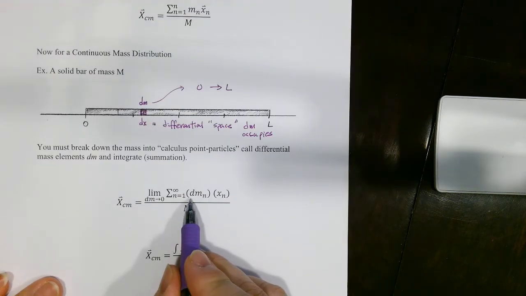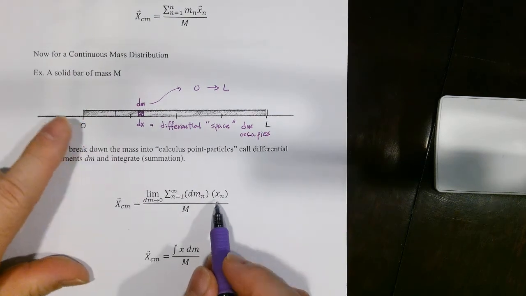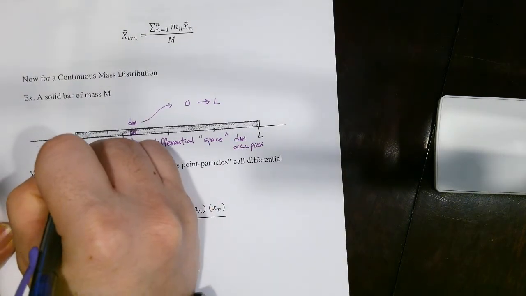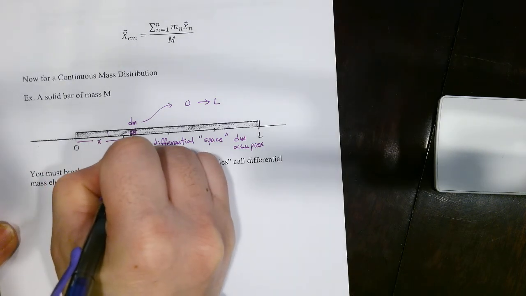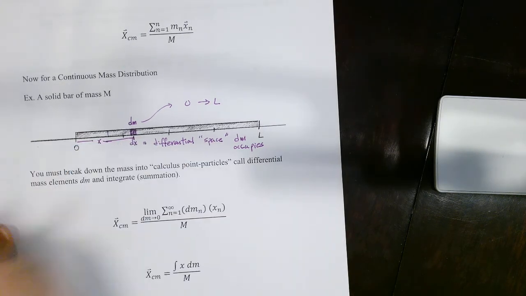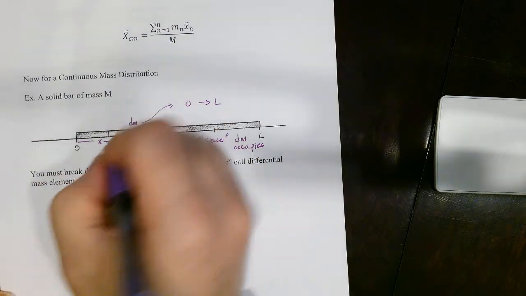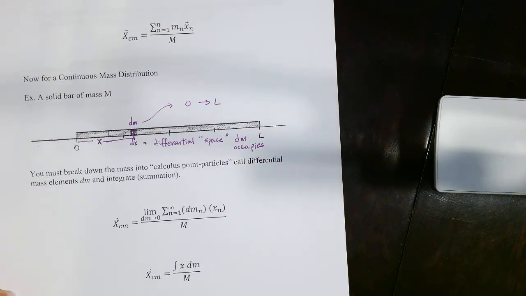All right. So the dm and then x. So x is actually from the origin to where that dm is located. That's my x, the location of my dm's.